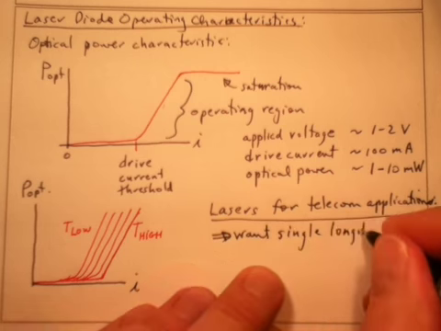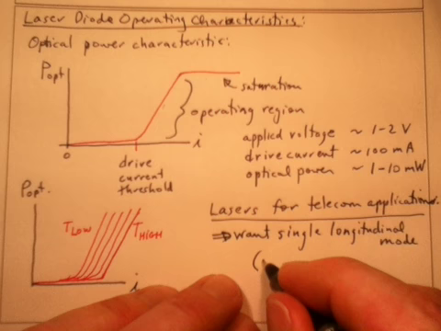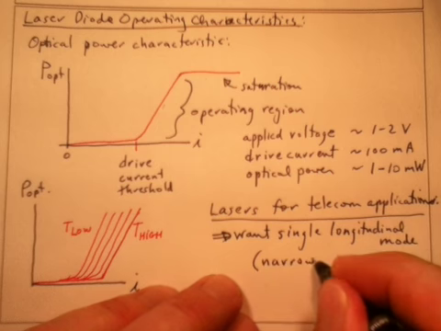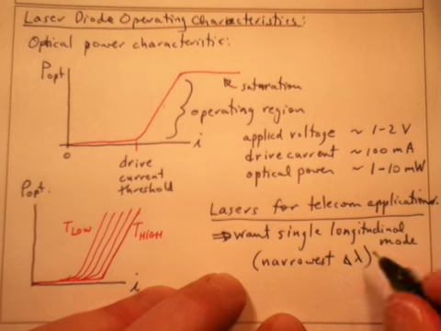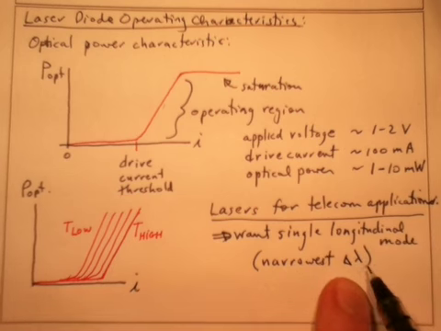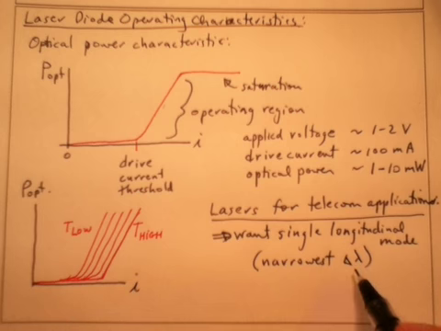And that's going to give us the narrowest possible delta lambda. And we know that the narrowest possible delta lambda, that is the narrowest spectral width of the source, is going to give us the largest bandwidth distance product because of dispersion.